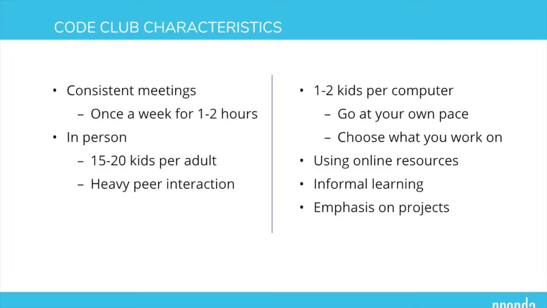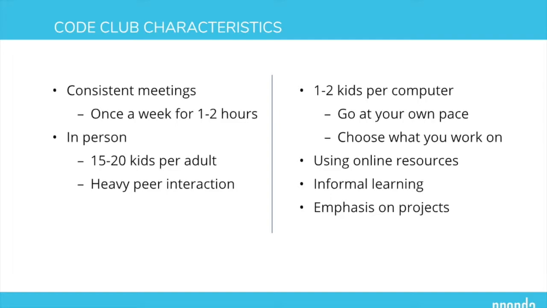There are consistent meetings. Code Club is consistent. We say that it should meet once a week for 1 to 2 hours, and what early childhood psychologists will tell us is that rhythms and patterns are extremely helpful for kids. When they have a consistent rhythm or pattern, they're going to thrive.